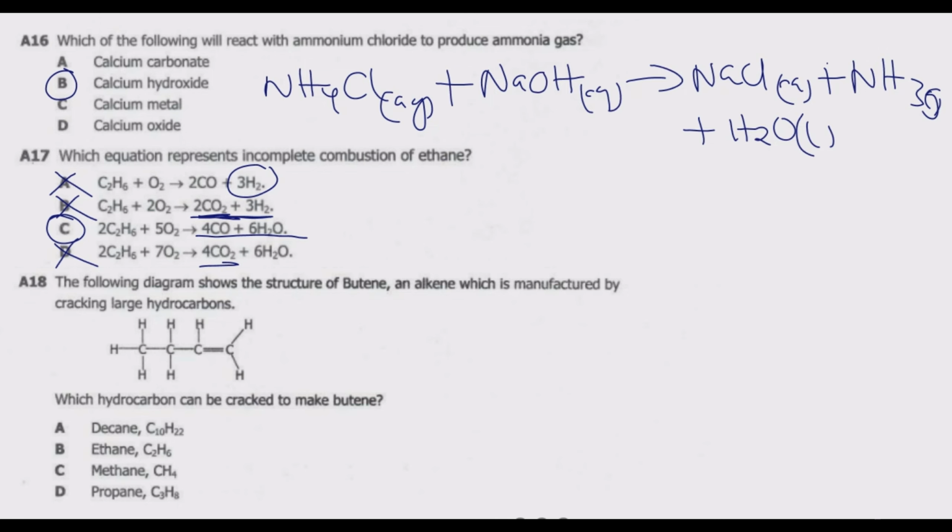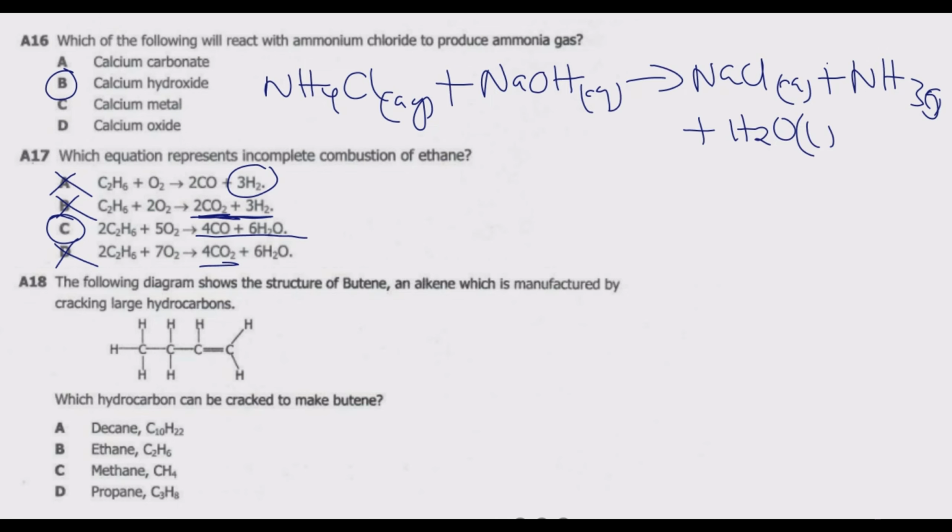We go to 18. The following diagram shows the structure of butene, an alkene which is manufactured by cracking hydrocarbons. Which hydrocarbon can be cracked to make butene? Basically we need to understand what cracking is. Cracking is the process of breaking down big hydrocarbons into smaller molecules.